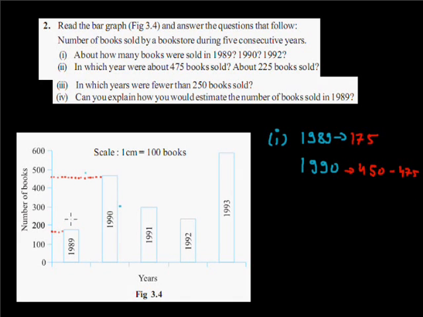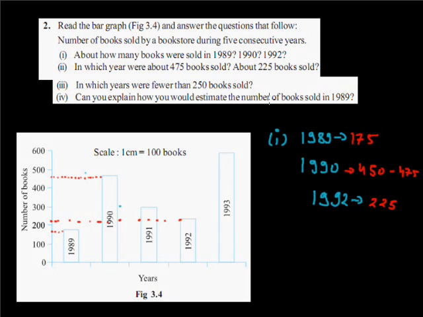In 1992 it is being asked. So if we draw a dotted line in year 1992, it comes out to be here. It is approximately 250. So we can say in year 1992 we have 225 books.